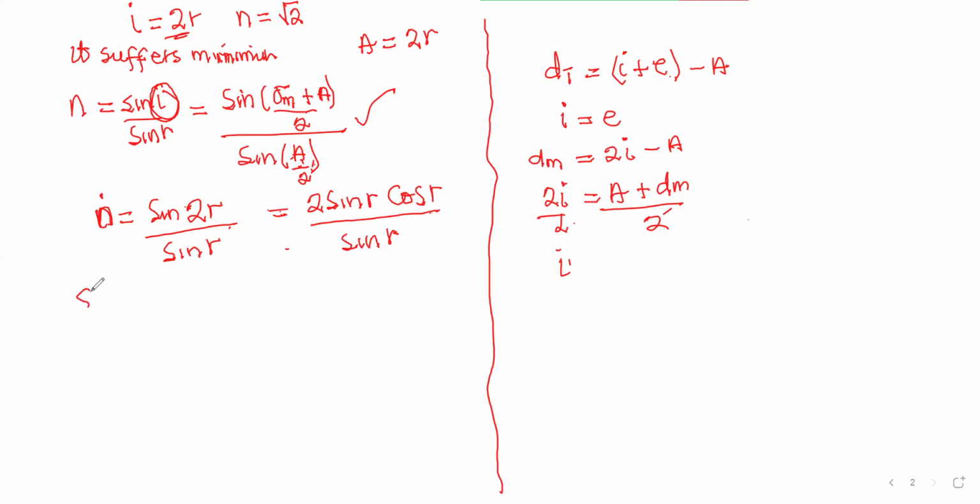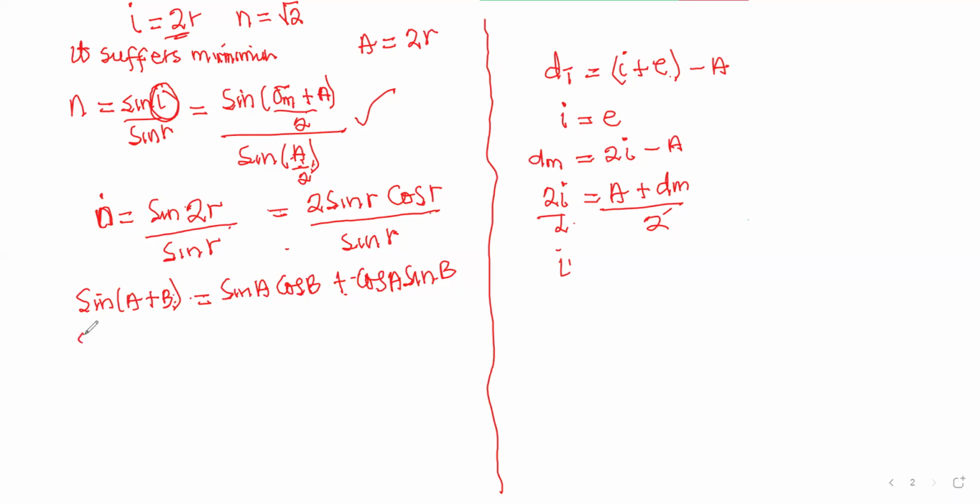The expansion of sine A plus B is equal to sine of A times the cosine of B plus cosine of A times the sine of B. And this is when you have compound angles A and B.